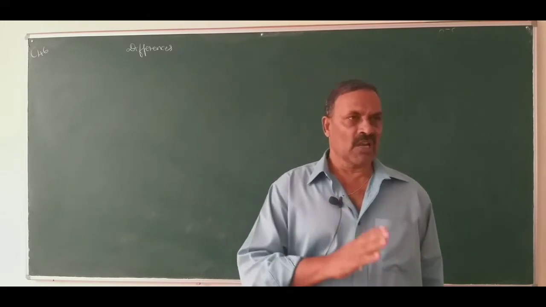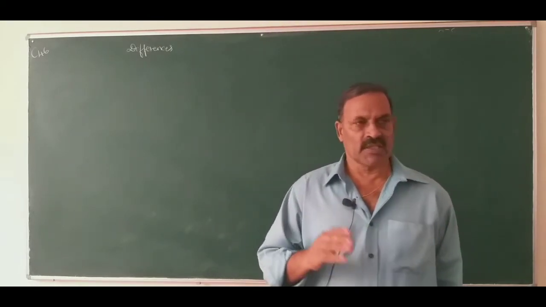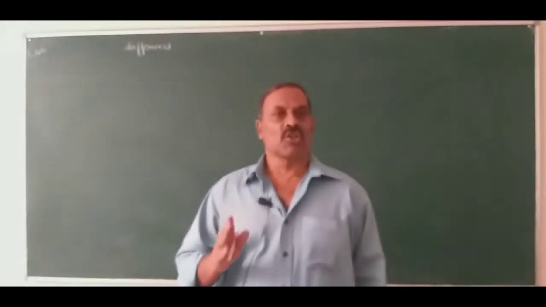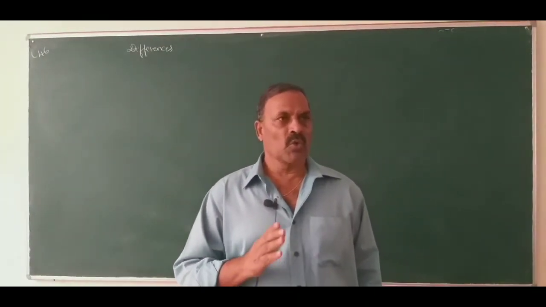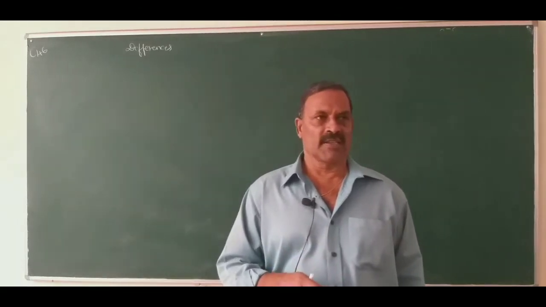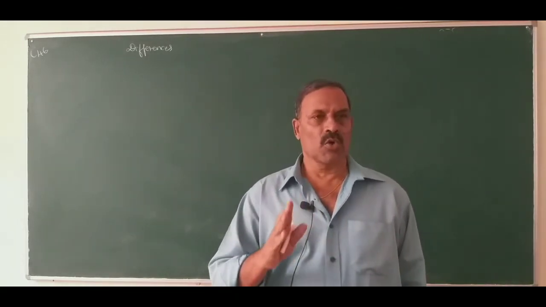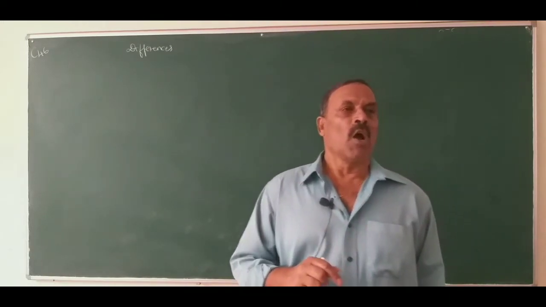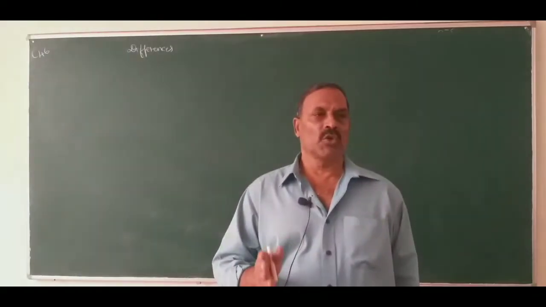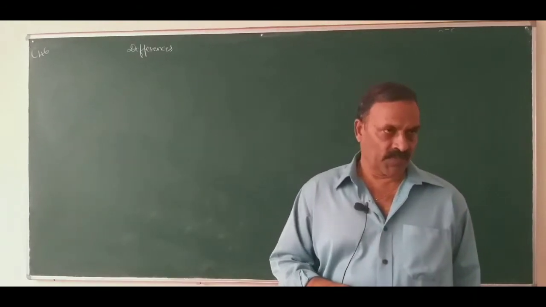Number one, galvanic cells or voltaic cells. Number two, electrolytic cells. I told you what galvanic cells or voltaic cells are: they are electrochemical cells which convert chemical energy into electrical energy.